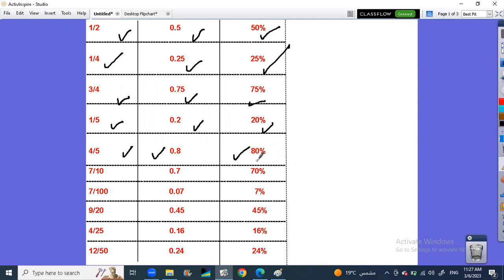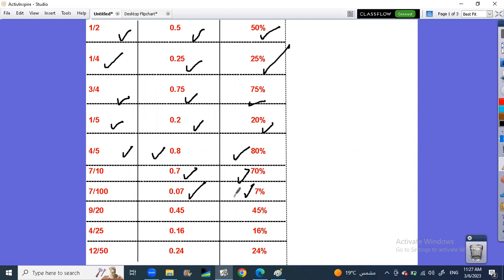All right, now I'm going to go back to the fractions that have 10 as a denominator or 100 as a denominator. If I say 7/10, it means a 7 in the tenths place. So it's 0.7, and as a percentage it is 70%. 7 over 100 is 7 in the hundredths place, which is 7%. 7 out of 100 is 7%, not 70%.